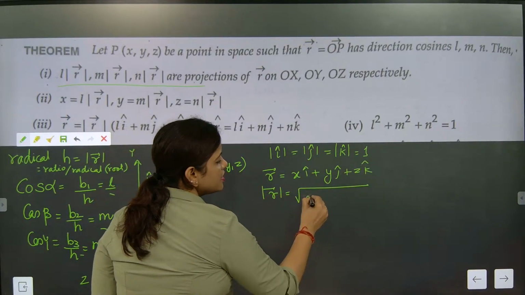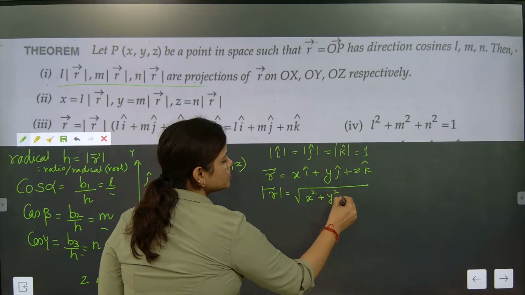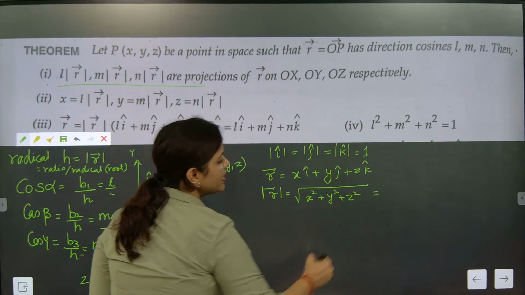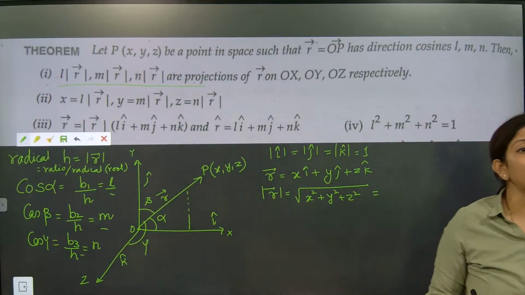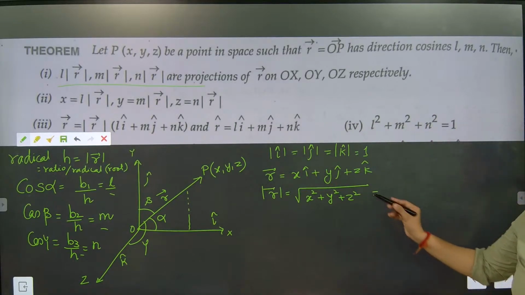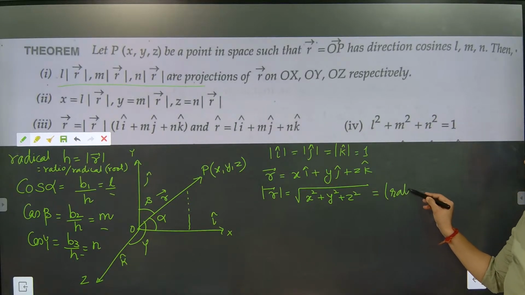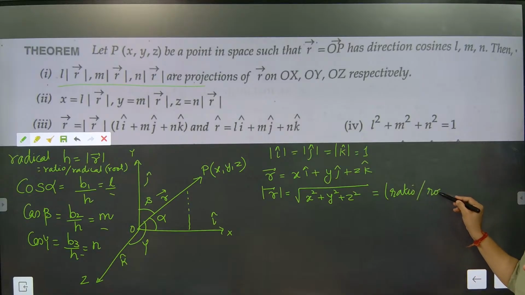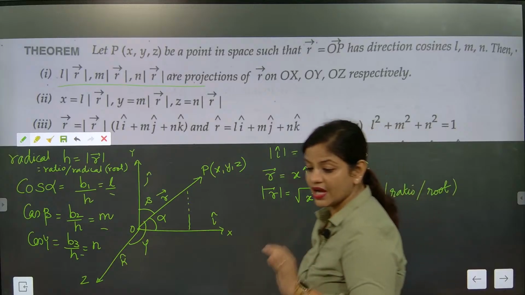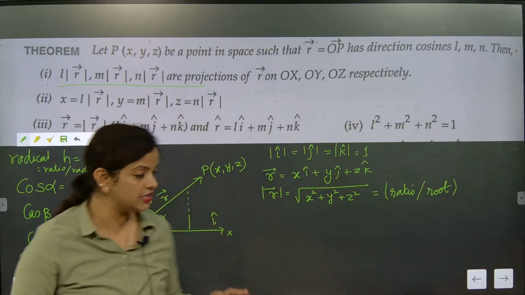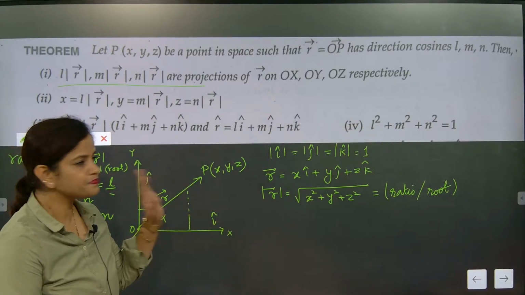Root under x square plus y square plus z square. It will come either in the form of ratio or in the form of root. Always remember this, because I want everything to be understood in much detail. I hope till here it is clear.